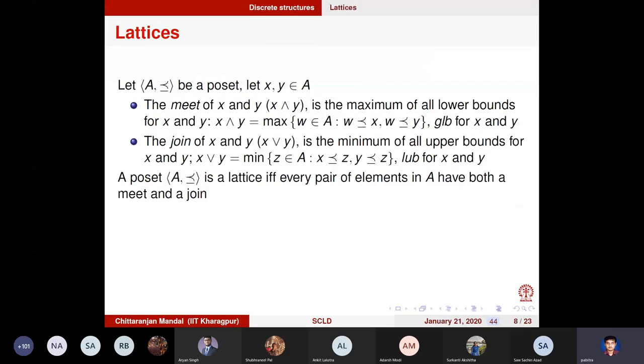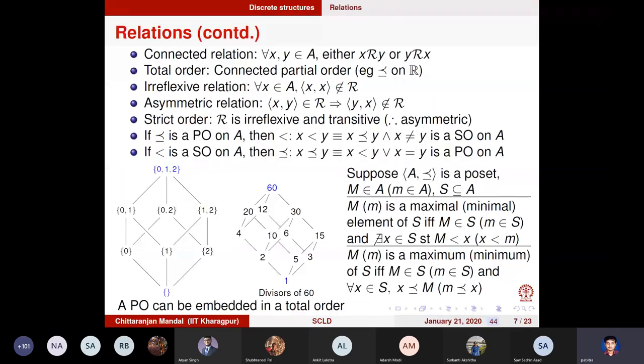I think let us stop here today. Let me quickly recapitulate. We have talked about relations. We have talked about relations satisfying certain properties like reflexivity, symmetry, transitivity. We call them an equivalence relation. Then relations satisfying reflexivity, transitivity, and antisymmetry, we call partial order relations, and we talked about total orders, which are connected partial orders.